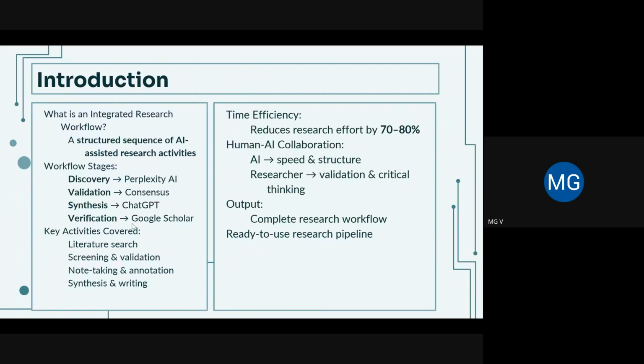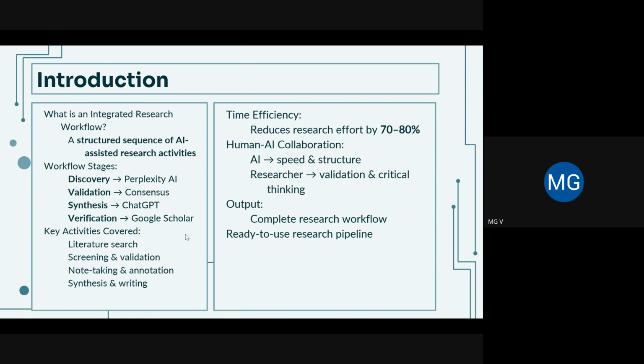An end-to-end AI-powered research workflow integrates all stages of research into a seamless and efficient process. This workflow begins with discovery, where Perplexity AI is used to identify emerging trends and relevant topics. The next stage is validation, where Consensus ensures that insights are grounded in peer-reviewed literature.